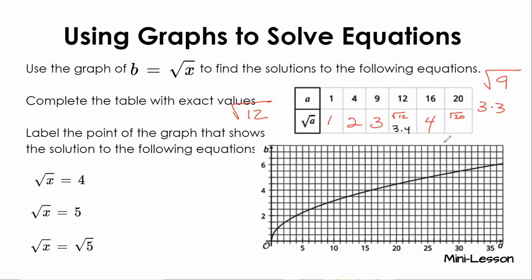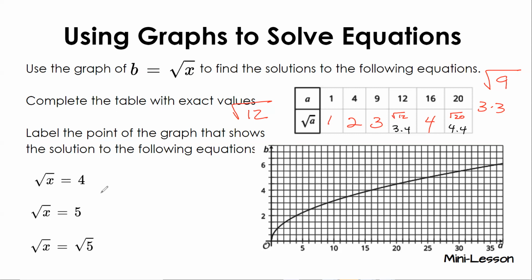Type 20 and then hit square root of x. Okay, so let's make that make sense. These are all going up, so it should be greater than 4. Type that again. Do 20. 4.4.